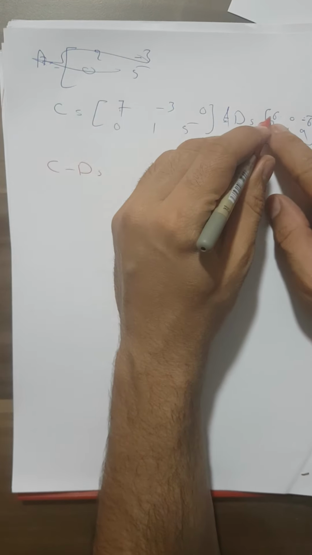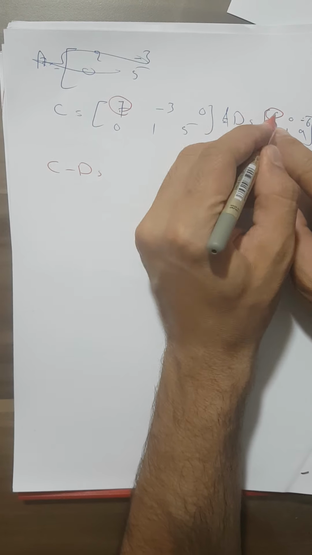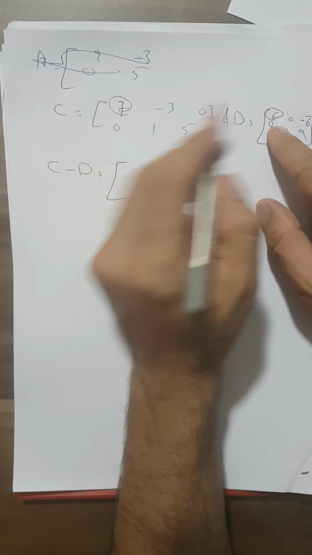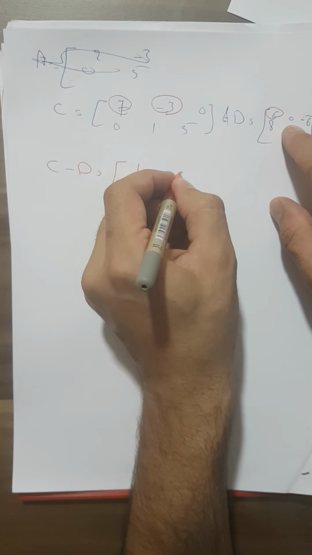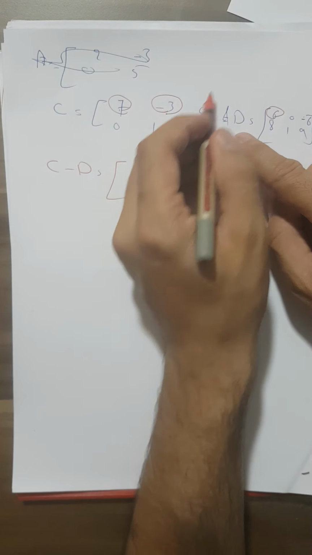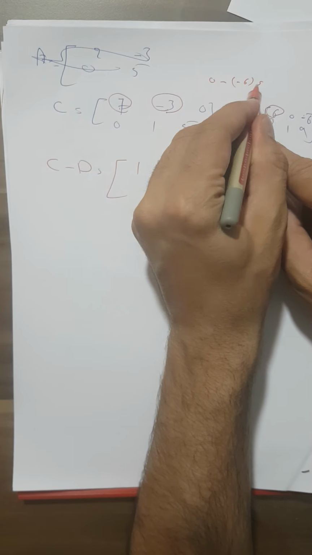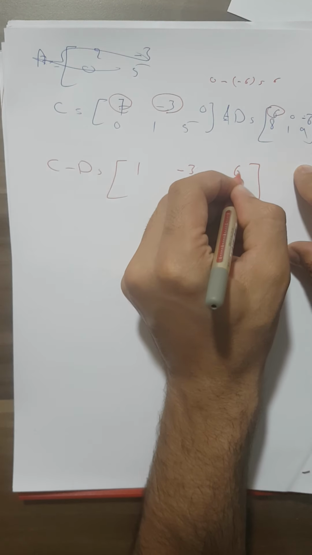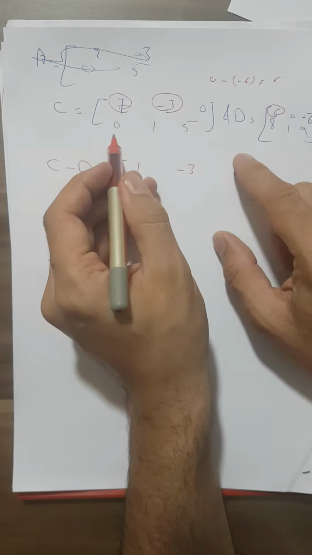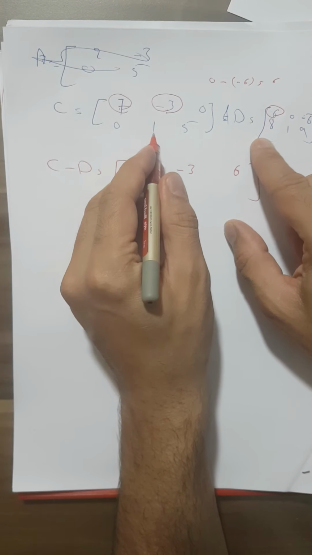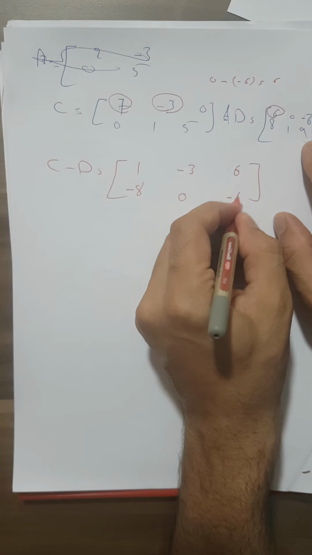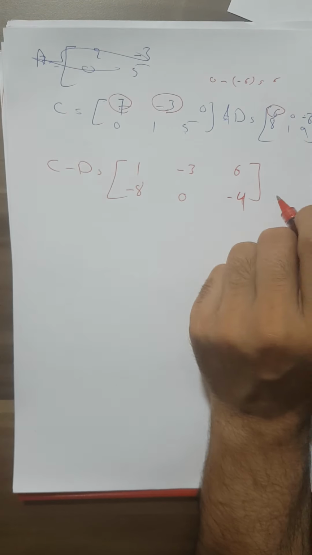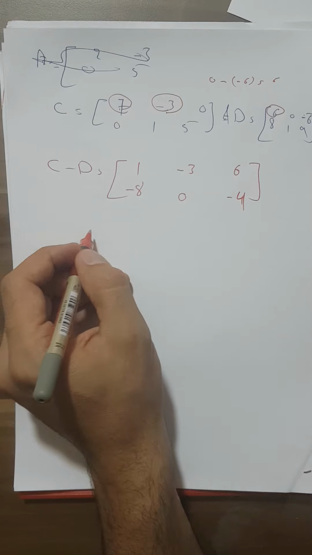So 7 minus 6 is 1. Minus 3 minus 3 is minus 6, and 0 minus 0 is 0. 0 minus 6 is minus 6. 0 minus 8 is minus 8. 1 minus 1 is 0. 5 minus 9 is minus 4.